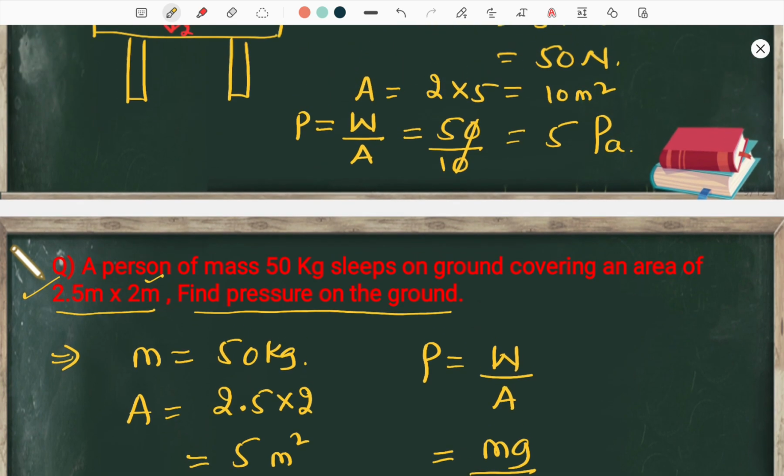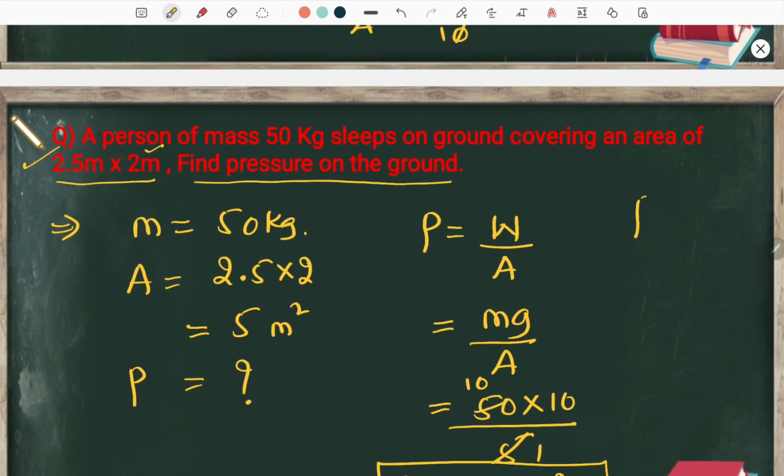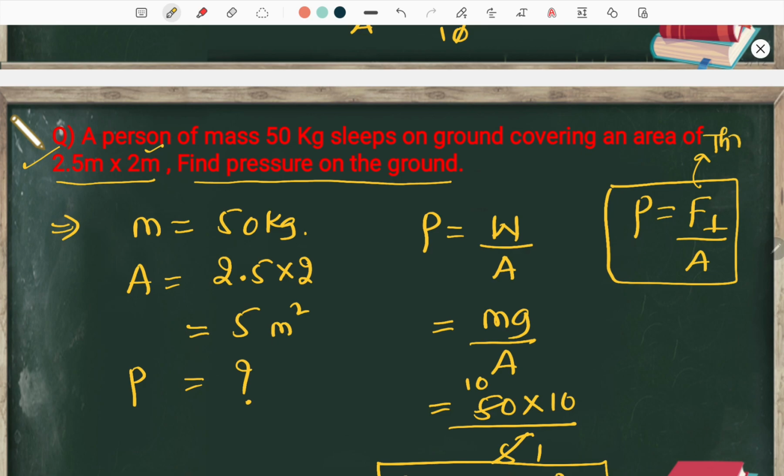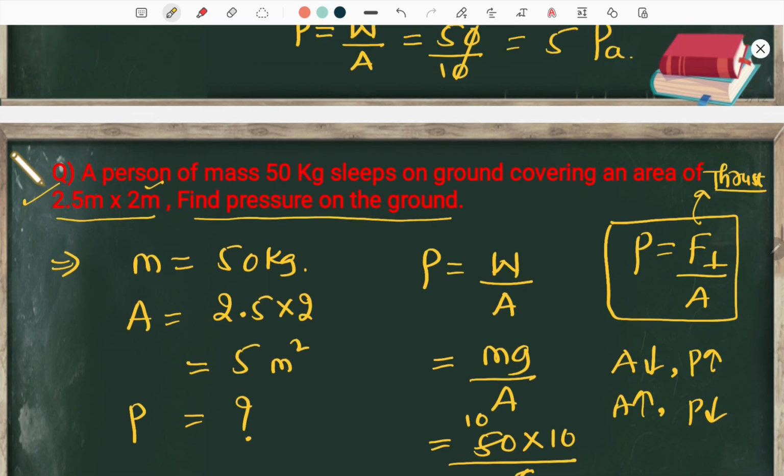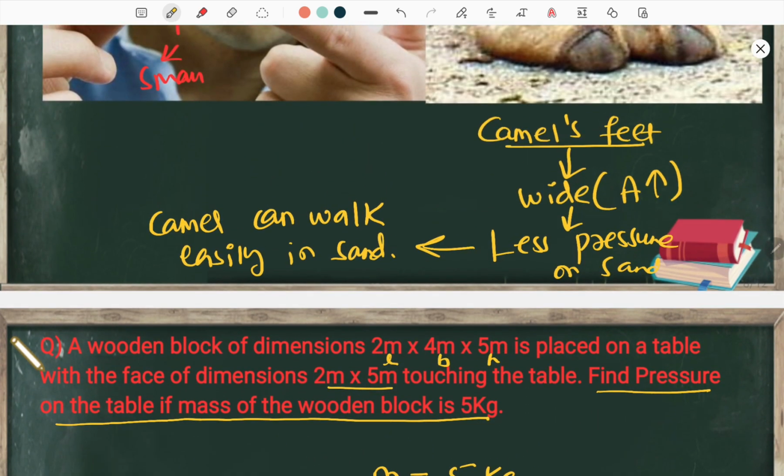Basically the main motto of this video is to say pressure is equal to perpendicular force divided by area. This perpendicular force is known as thrust. If you decrease the area, the pressure will increase. If you increase the area, the pressure will decrease. So many types of questions can be asked from the illustrations.